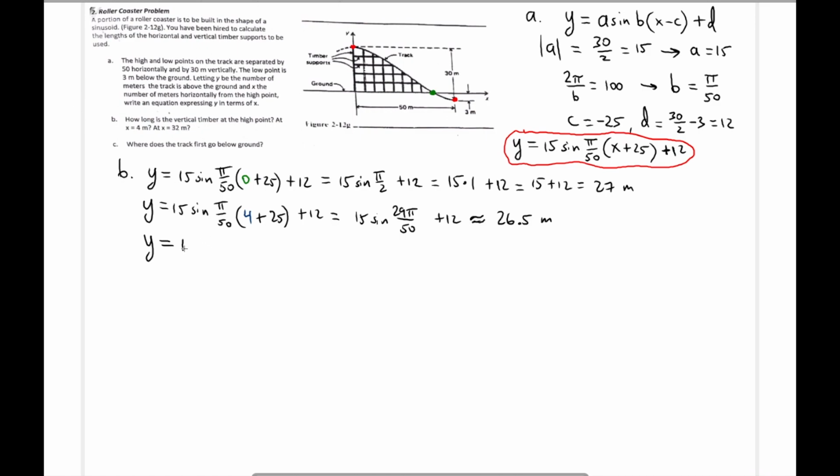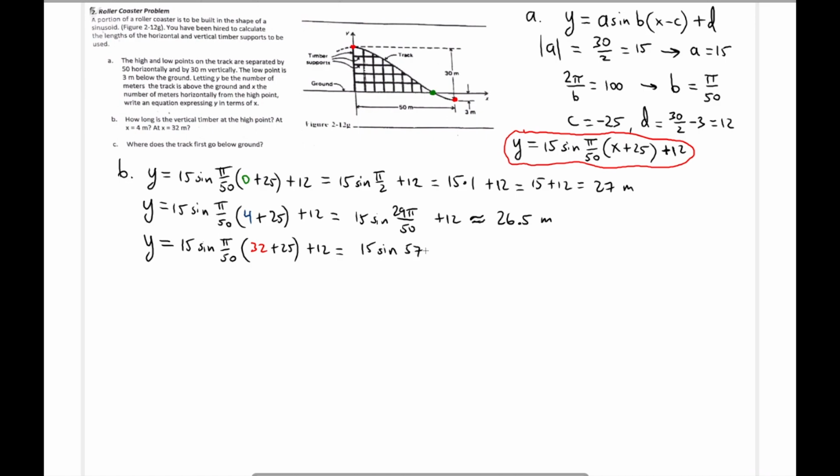That's my belief. Okay, so let's plug that in. So I have sine pi over 50, and then I have 32 plugging into the x plus 12. So I'm going to get sine of what? That's going to be 57, right?